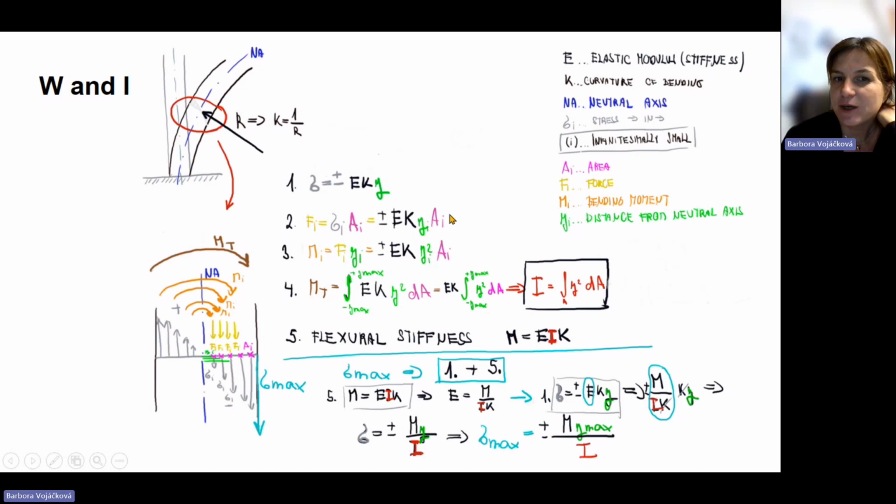But because we are in bending, I need to compute the bending moment. We commonly use the bending moment, which is applied in some cross section.